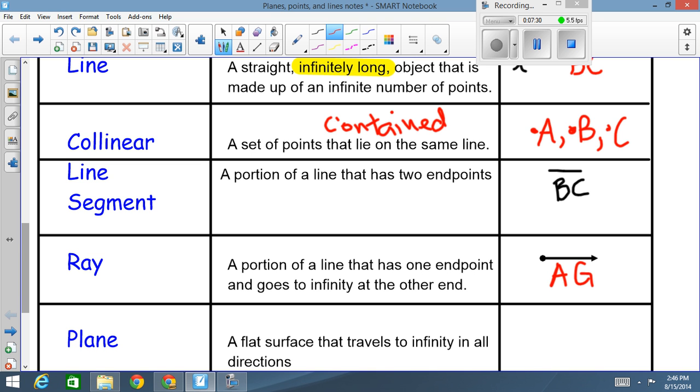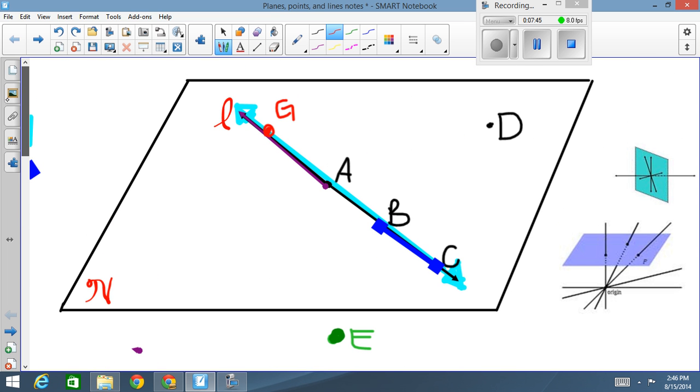And then two more things here. We have a plane. A plane is a flat surface that travels to infinity in all directions. So think of a piece of paper, if that piece of paper continued in all directions. I actually put a couple of extra pictures over here to the right side. These help show planes better. The planes up here are this teal colored thing and this purplish blue thing.